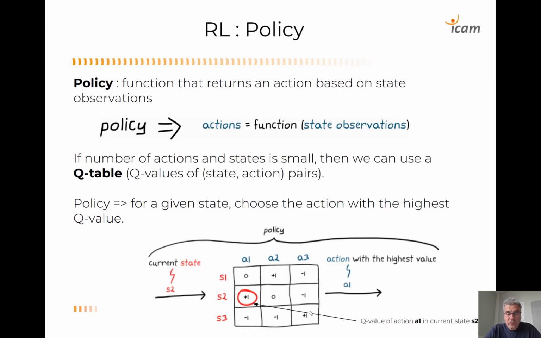So we will choose A3, and so on. So with a Q table, if we are able to compute the Q table for a specific problem, with a policy which consists in choosing at each time, for each state, the highest Q value, we have a process to choose the next action so as to get, in the end, the maximum expected reward.